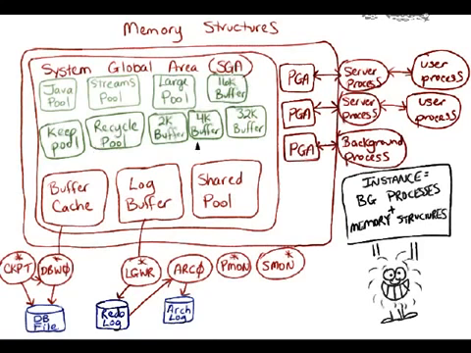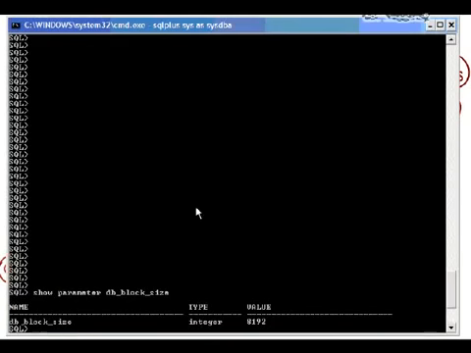Before we talk about the 2K, 4K, 16K, and 32K buffers, I want to talk to you first of all about block size. Now in Oracle, you have a default block size for all of your objects. When Oracle is retrieving information or passing any information around, it's always going to be in block sizes. And when you install your database, you decide what your default block size is going to be.